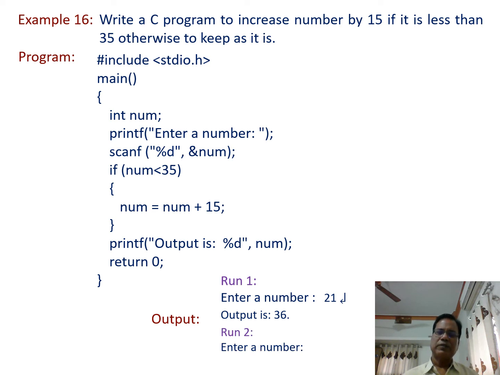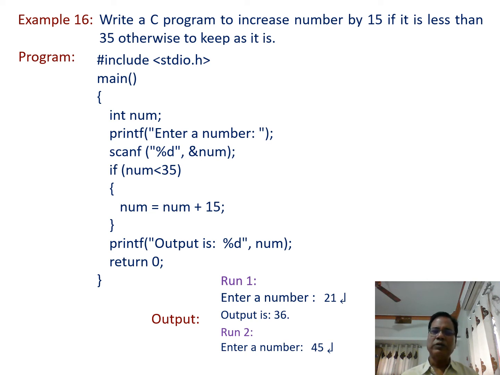Now let us run the program a second time and this time enter 45. So 45 is not less than 35. Naturally this condition is false. So the statement within the open and close braces, that is the body of the if statement, is skipped, and the number is not increased by 15.